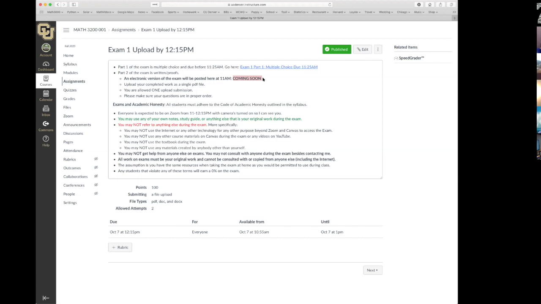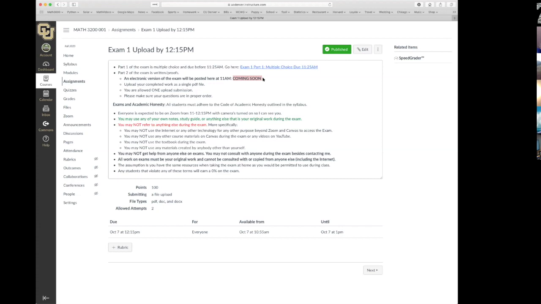I understand that these are not normal situations, and so things might happen. If it does happen, hopefully it doesn't, whatever it might be, technology issues, some catastrophe at home while you're taking the exam, the more you keep me in touch, the easier it will be for us to find a solution that works for both of us.